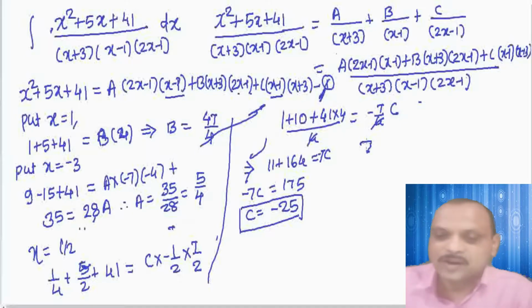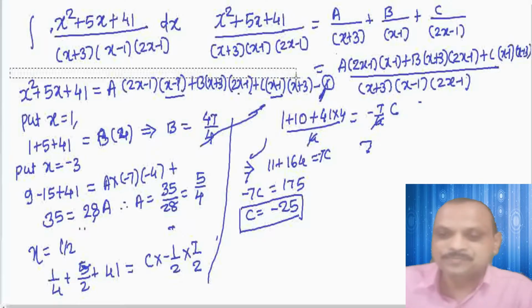So we have calculated the values: A is equal to 5 by 4, B equal to 47 by 4, and C equal to minus 25. Now let us put these values in this partial fraction.